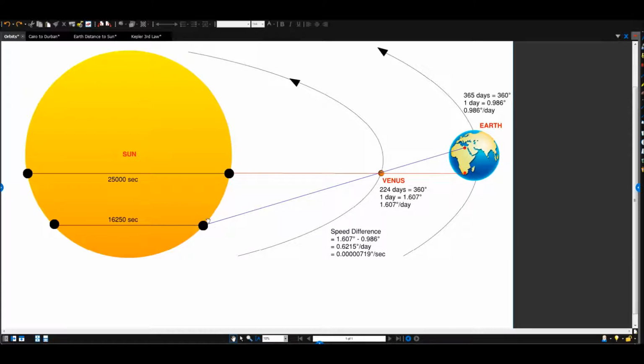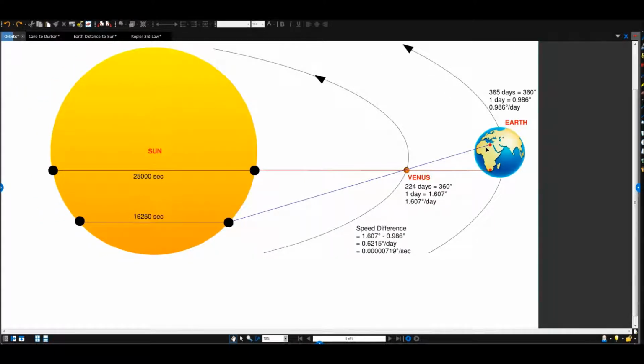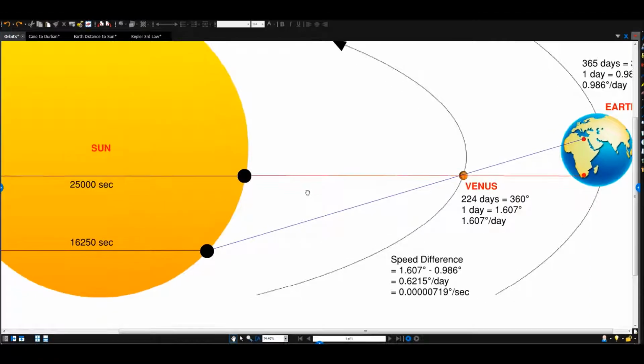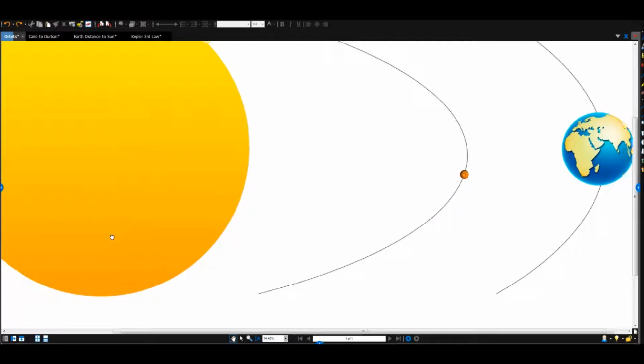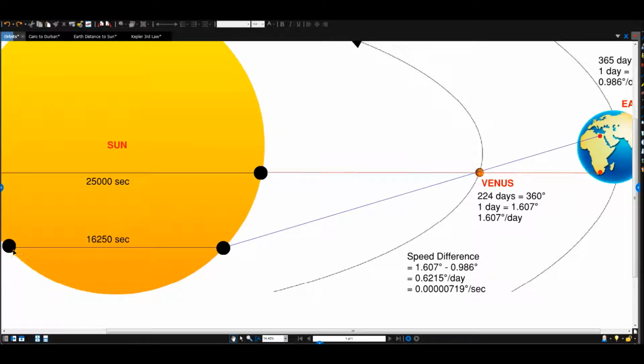So when viewed from Cairo, it was found that it took Venus 16,250 seconds to travel from the point of first contact to the point of last contact, right? So 16,250 seconds.